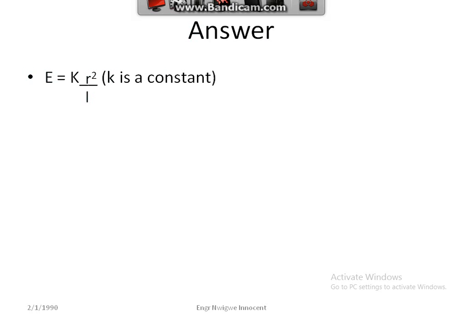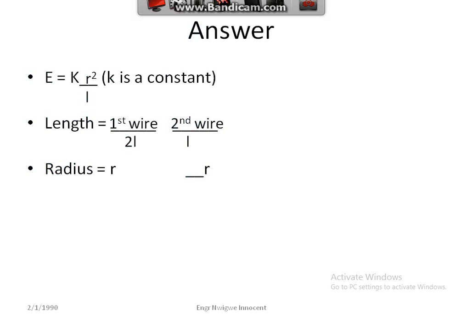The length of the first wire is 2L and the second wire is L. The radius is equals to r and 3r over 2. E is equals to K r squared over 2L and 9K r squared over 4L.